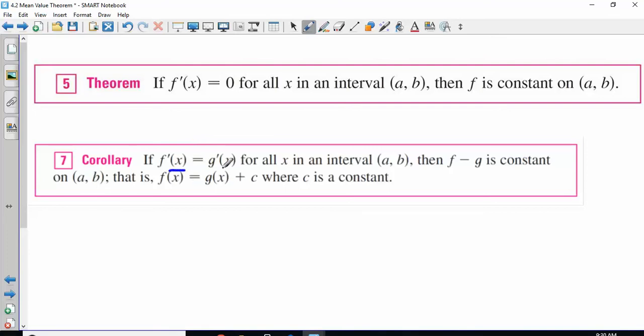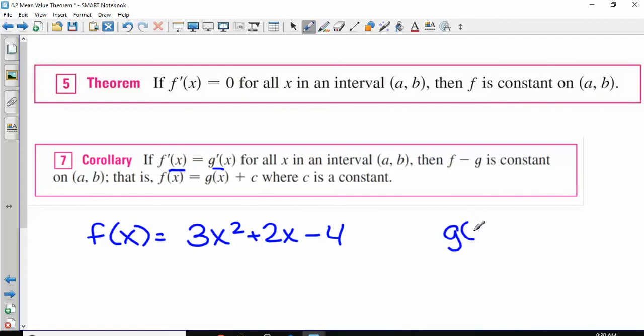If two functions have the same derivative, then they have to be the same except for possibly a constant value. Remember, if I said f of x equals these things, they would have the same derivative, because when you do the derivative of a constant, it's 0.